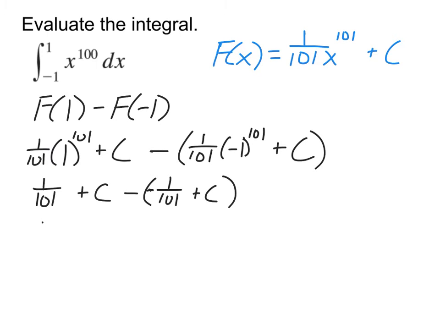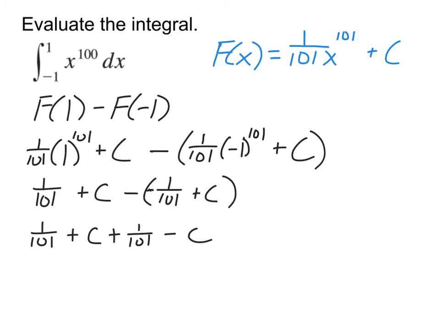Now if I get rid of those parentheses, I get 1 over 101 plus c minus a negative, so that's plus 1 over 101, and minus c. Notice that minus gets distributed to the c term as well, which ends up being really important because it's going to tell us something.